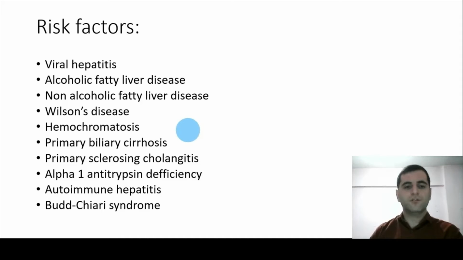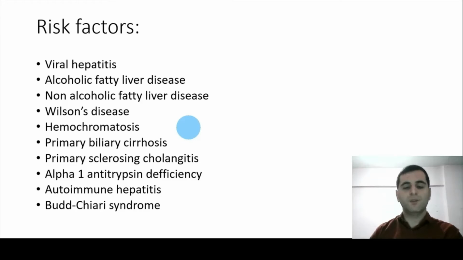The main cause of secondary hemochromatosis is blood transfusion. It happens especially in thalassemia, where the patient gets blood transfusions too often. And as you know, red blood cells contain hemoglobin, and hemoglobin's one main component is iron.